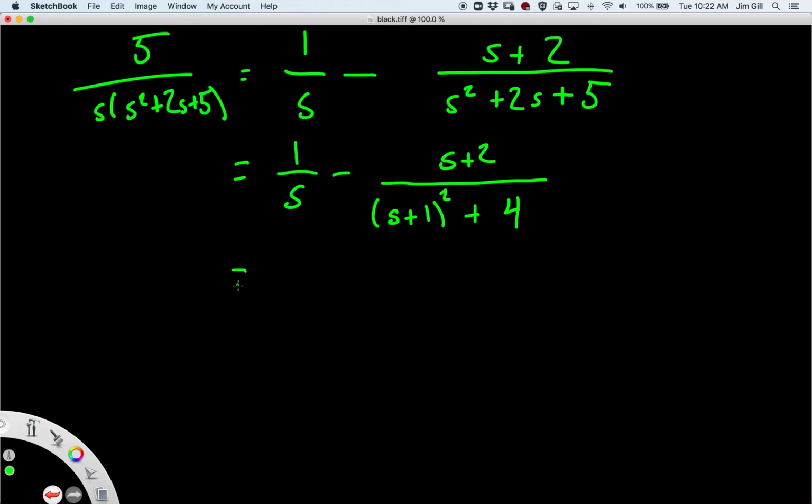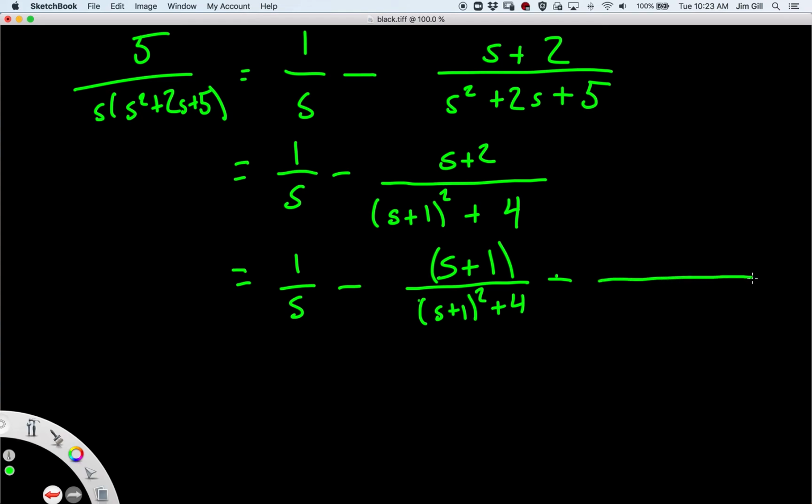So now I can write this as follows. 1 over s minus s plus 1 over s plus 1 squared plus 4, because I need to write it in a way where I could recognize a sine or a cosine. And then here, minus s plus 1 squared plus 4.